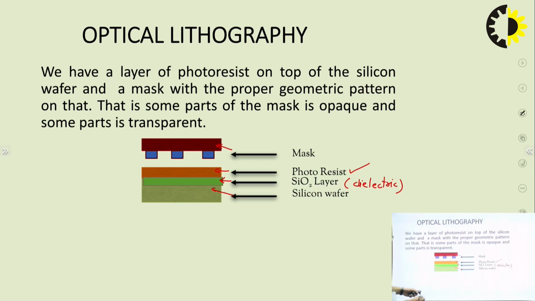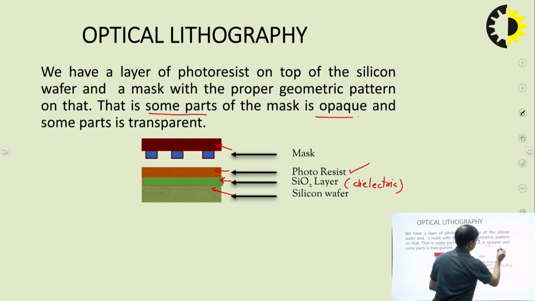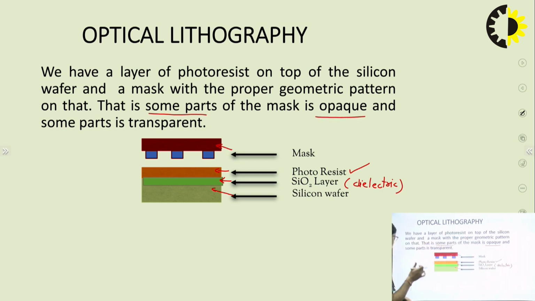So, there are some parts of the mask which are opaque, and some parts are transparent. Through the transparent areas, radiations can pass through the mask, and in those areas where the mask is opaque, the radiations cannot pass.